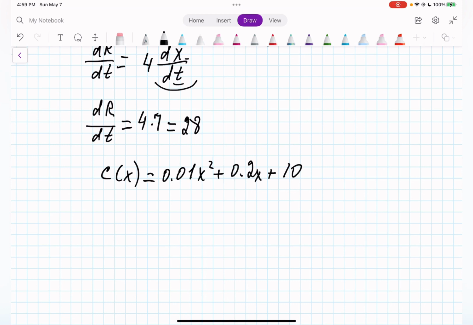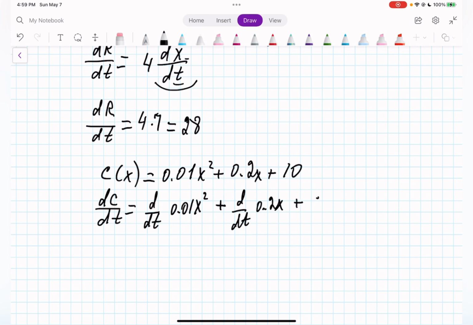Now we take the rate of change of total cost, dc by dt. It's going to be d by dt of 0.01 x squared plus d by dt of 0.2 x plus d by dt of 10.